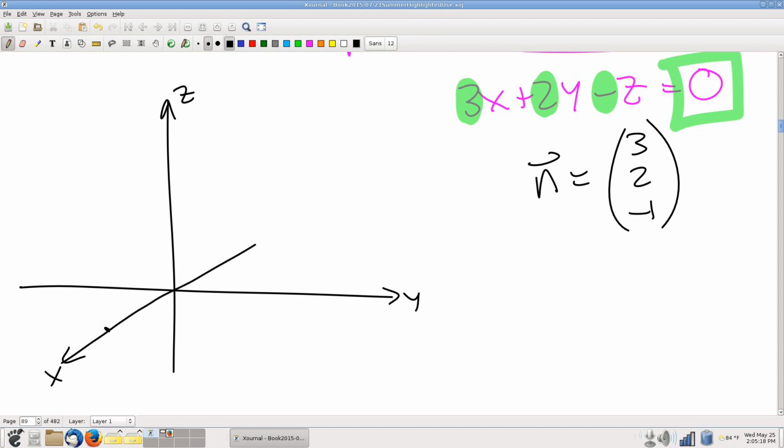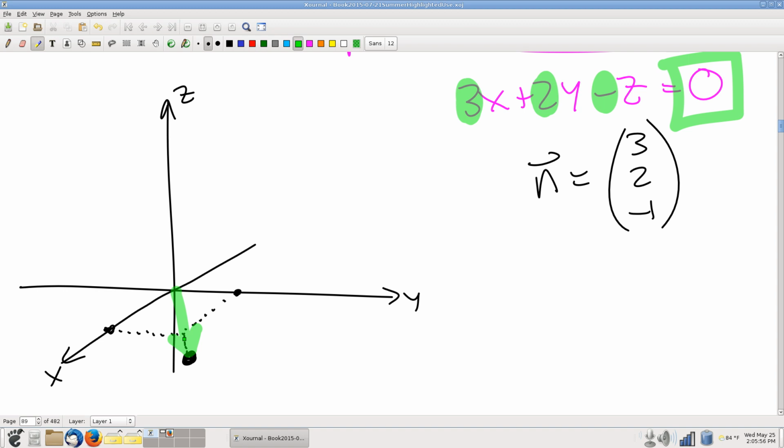Well, 3, 2, or something like that, and there's 3, 2, 0, but we're interested in 3, 2, negative 1, so that would be down here a little ways. There's 3, 2, negative 1. That vector then we might draw like that. Right, now this vector is mostly horizontal, but it's down just a little bit.